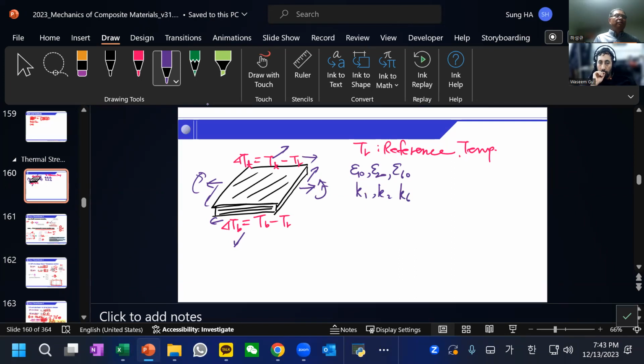And also, as a result, we will have the stress distributions inside, the on-axis strain and stresses, and of course, the failure index as well, I would say the Tsai-Wu failure index. So this is what we would like to obtain for the given thermal load.